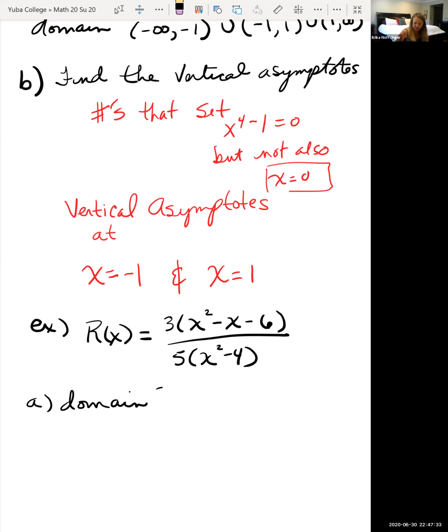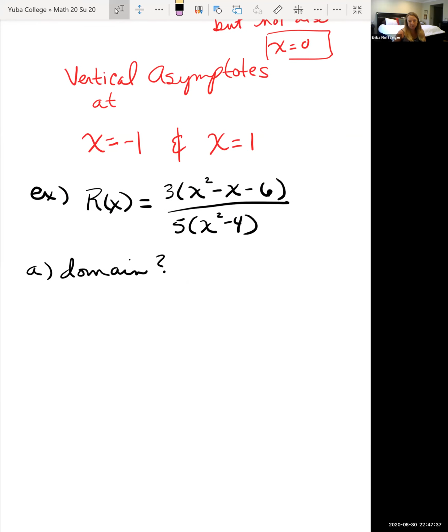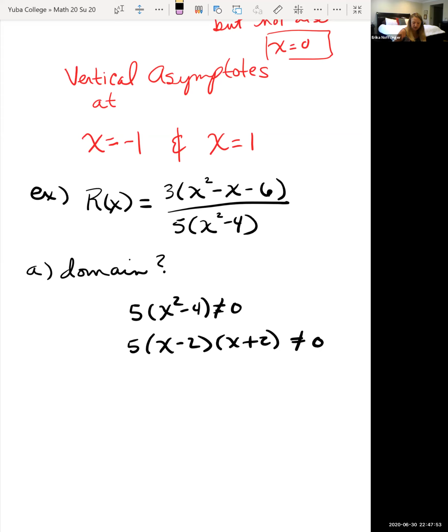So you should be able to find the domain. Our denominator can't equal 0. I can see that x squared minus 4 factors, it's a difference of squares, as x minus 2 times x plus 2. So x can't be 2, or x can't be negative 2.